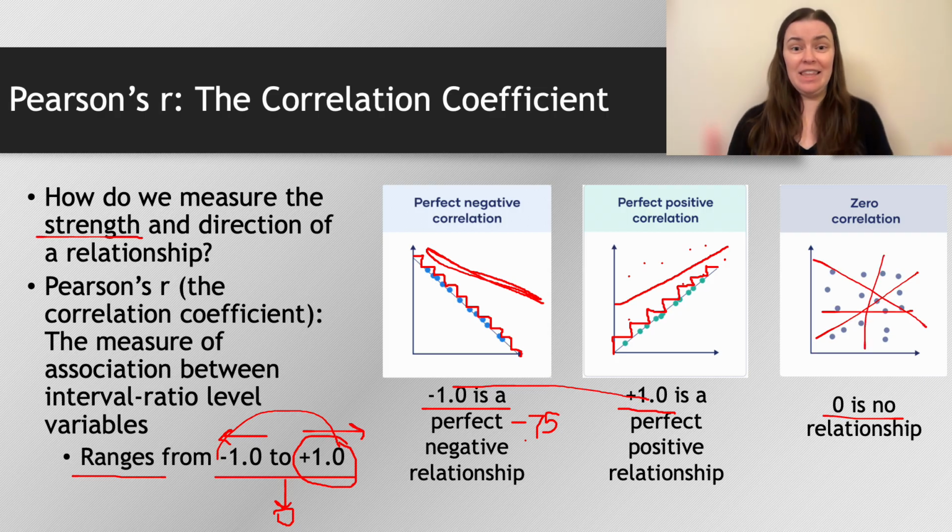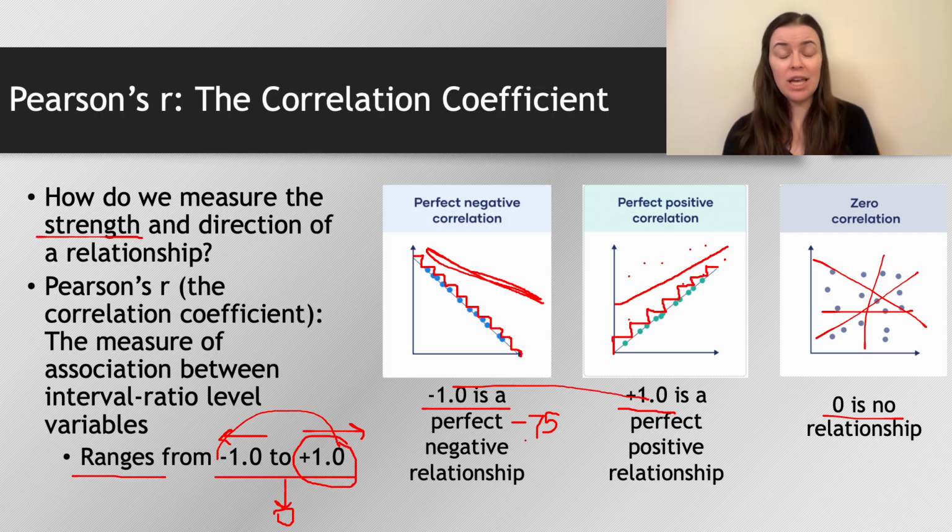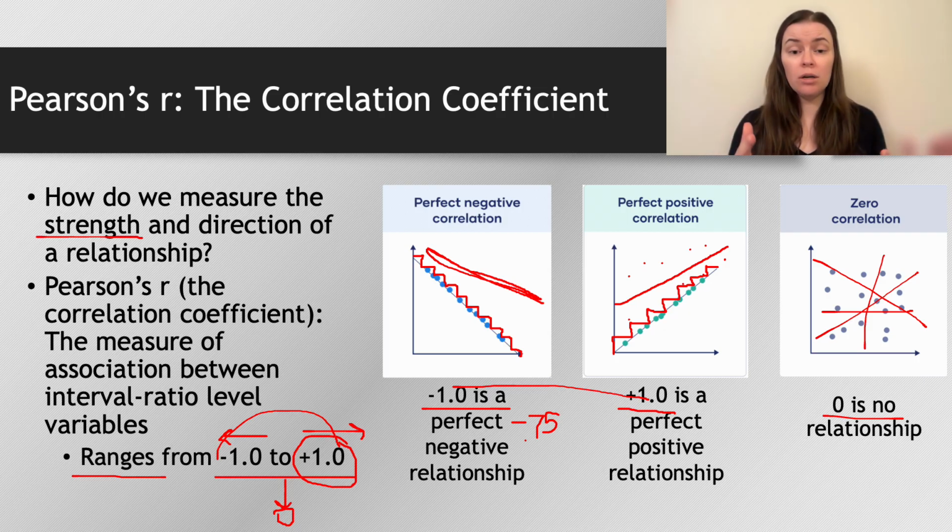I can't get anything that shows me an actual association between these variables. And so because of that, there is no strength or association to this relationship. I don't know if it's going in a positive direction or a negative direction, or what that strength actually is. And so because of that, it gets assigned a value of 0.